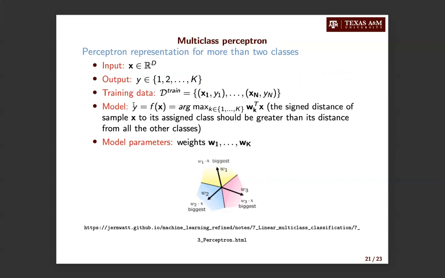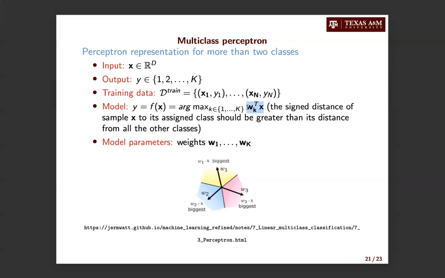And our decision rule is such that for each sample X, we assign it to the class that has the largest signed distance for this sample X and this class. And this largest signed distance is represented by its inner product with each of these lines that correspond to the k classes.